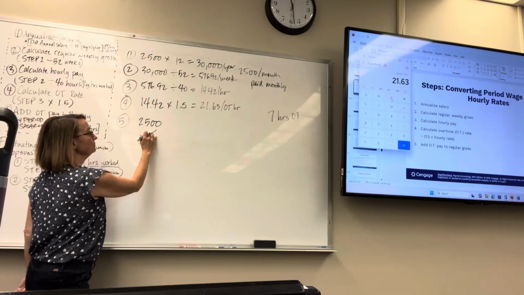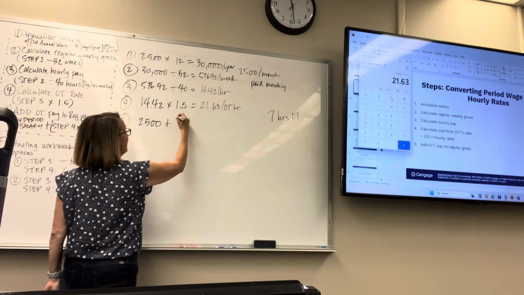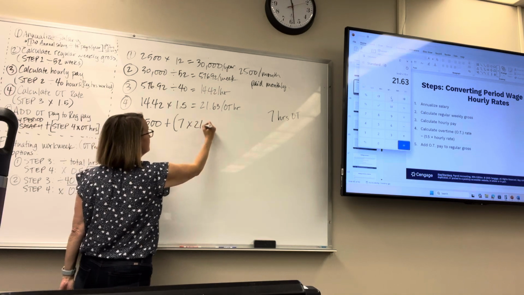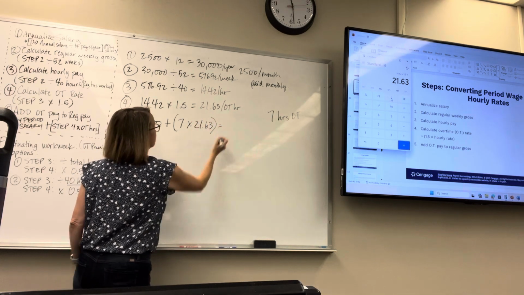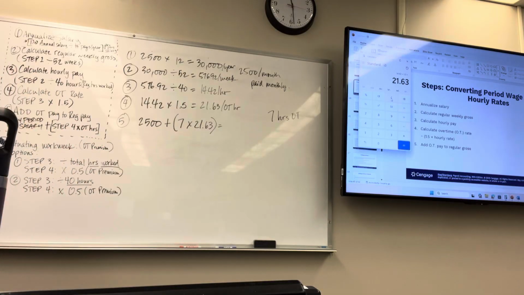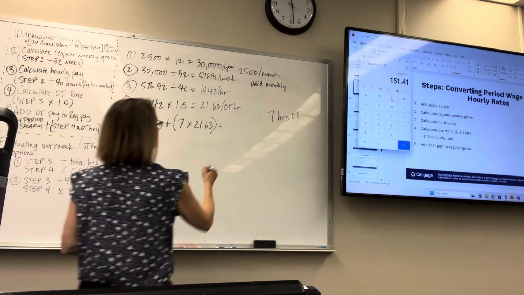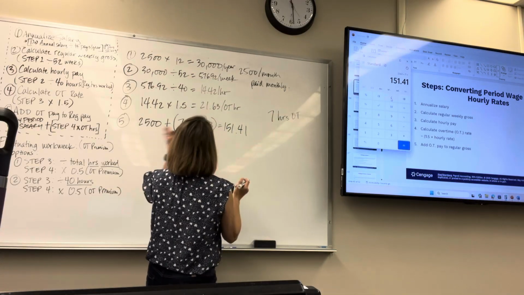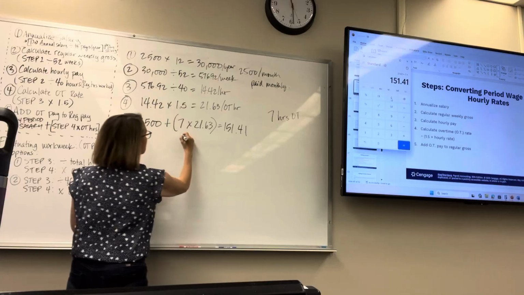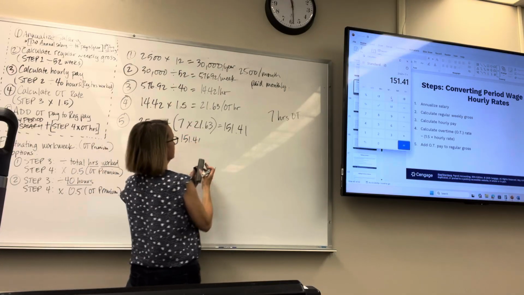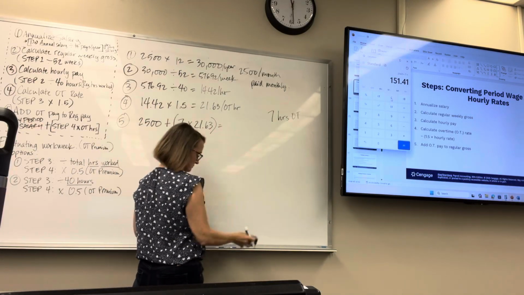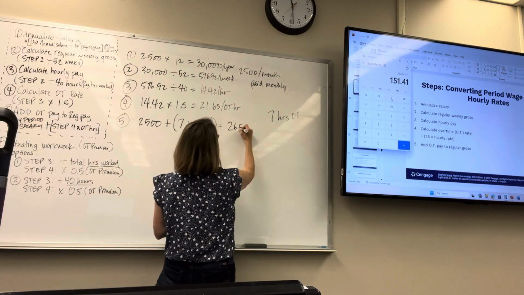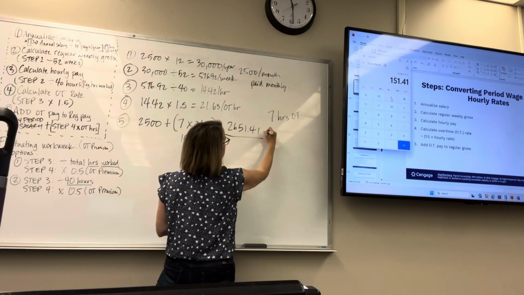So we're going to take the regular pay period salary and add 7 hours times the overtime rate of $21.63, which is $151.41. We're going to add, don't look at that, I'm also not a math teacher, so we'll get $2,651.41. This is our total pay.